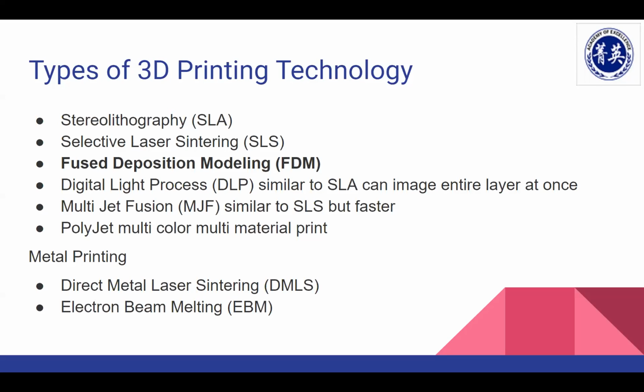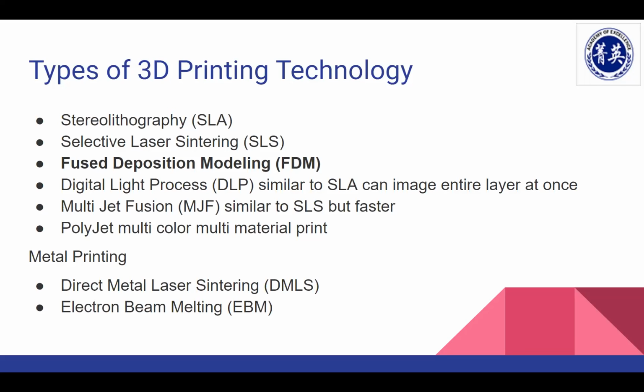It runs on a filament, okay? Basically, if you imagine a glue gun, you melt the glue a little by little, you melt this plastic down, you put down a layer. You melt the next layer down, you put on the next layer. So that's generally how that works.